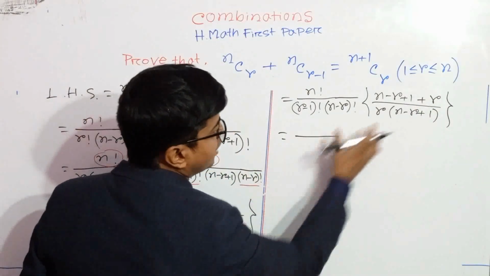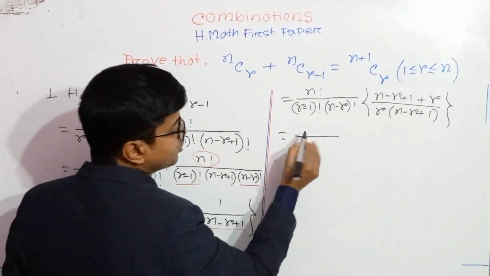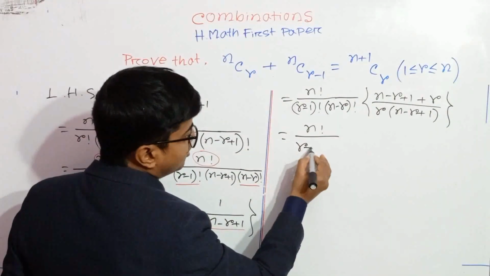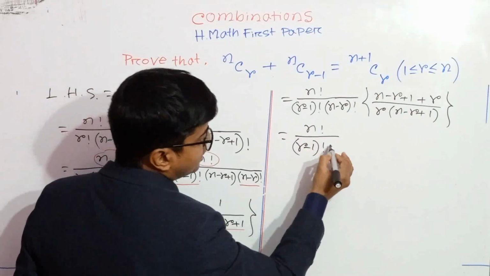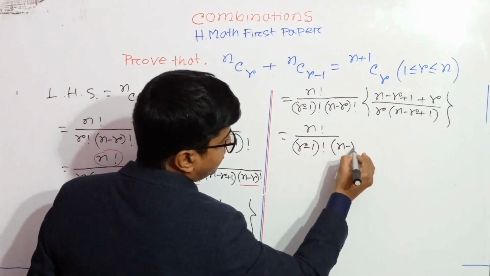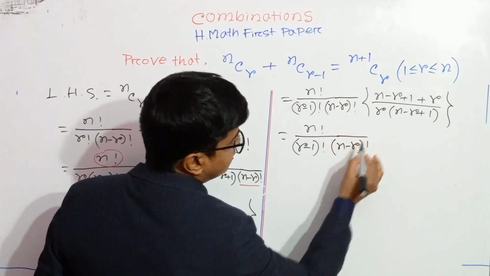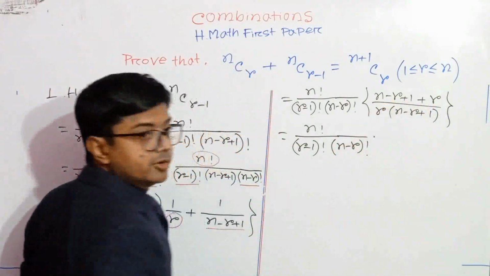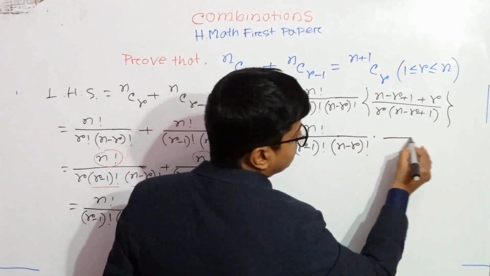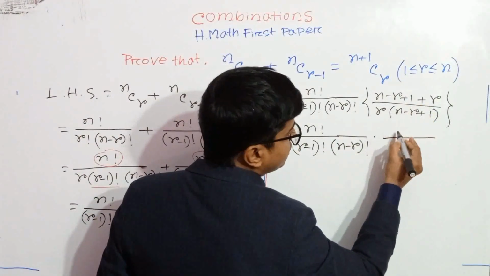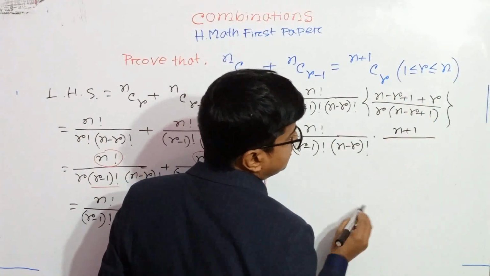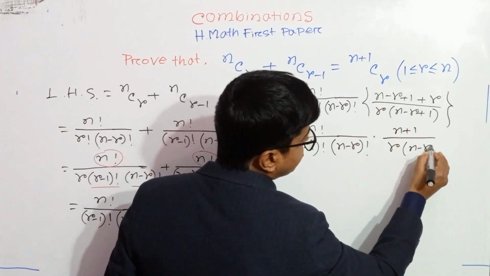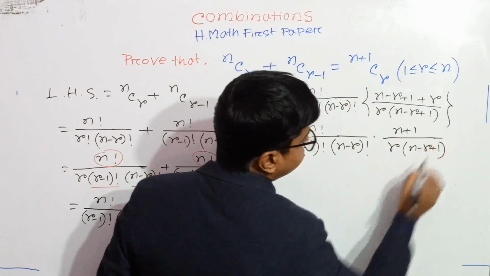After this line, after calculation, minus r and plus r will be cancelled. So after calculation it will be n plus 1, over r into n minus r plus 1.